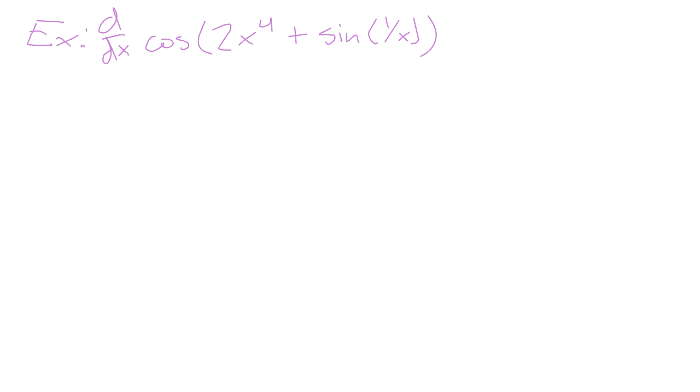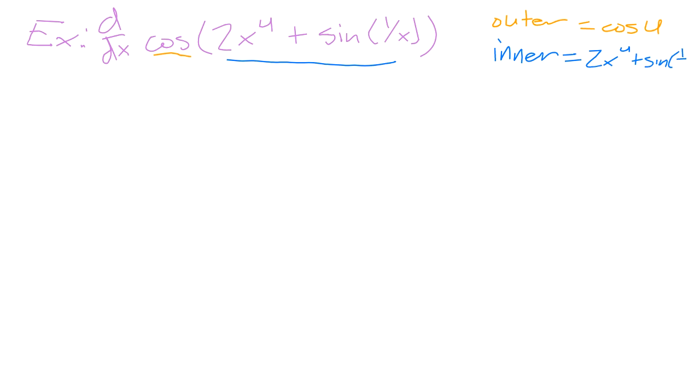Let's think about what our outer and inner functions are. We can say that we have our outermost function as cosine of x, or cosine of u, either way. And we can say that our inner function is equal to 2x to the fourth plus sine of 1 over x.